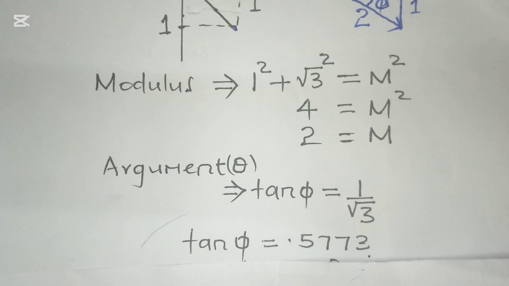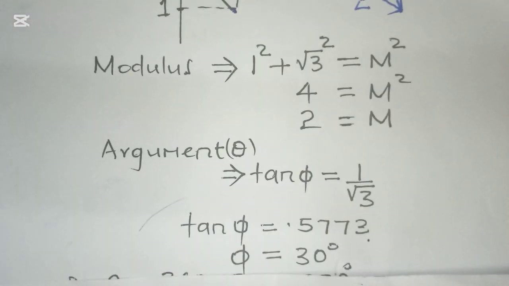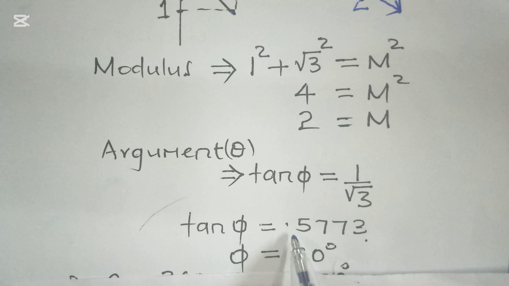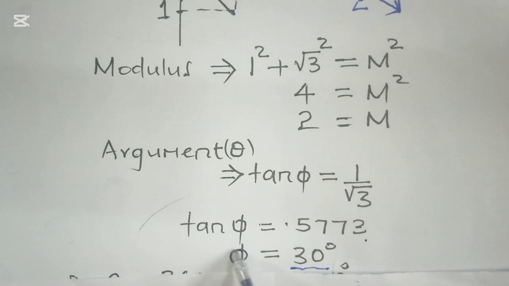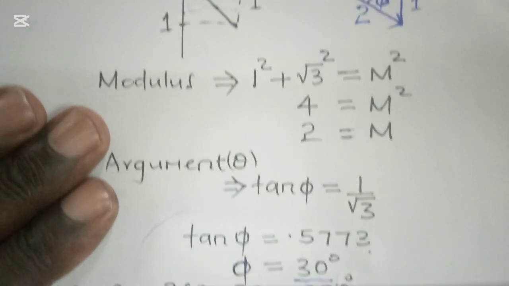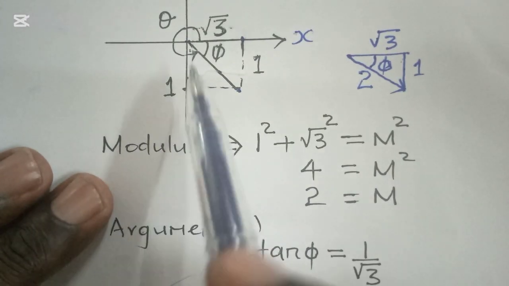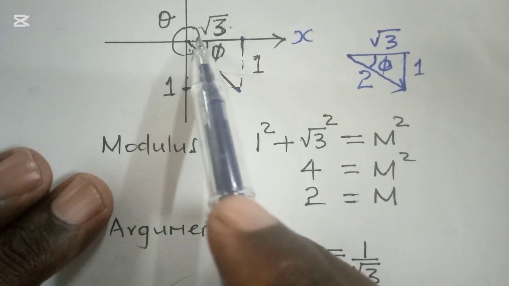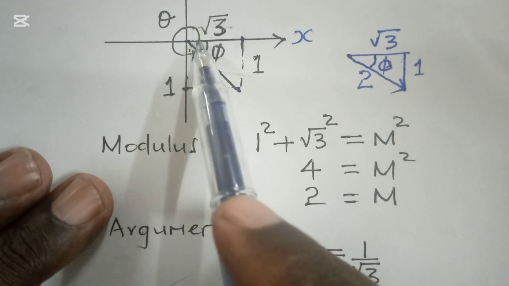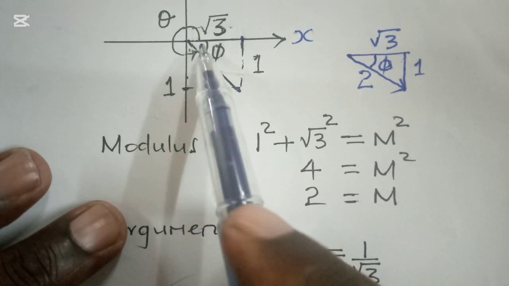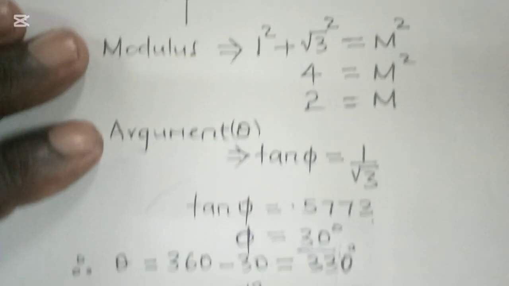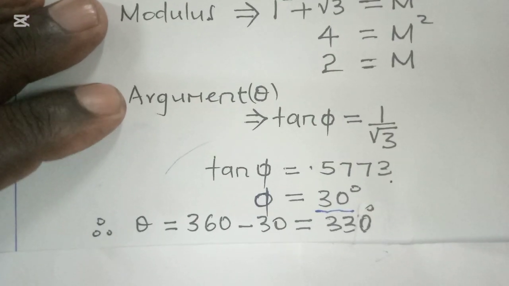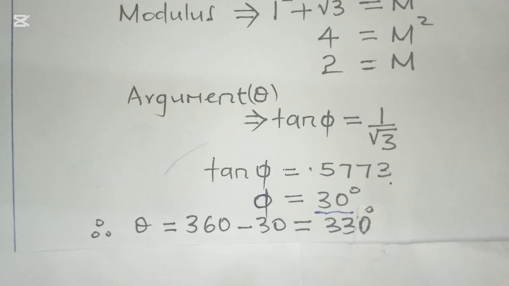So we now get the inverse of that. Tan inverse of 0.5773 will get our angle as 30. So this is phi. We have already found the phi, but we are interested in getting the argument theta here. And if you go around up to the point where we started, that is 360 degrees. So we take away this phi from 360 degrees. And so we shall have 360 minus 30, which gives us 330.